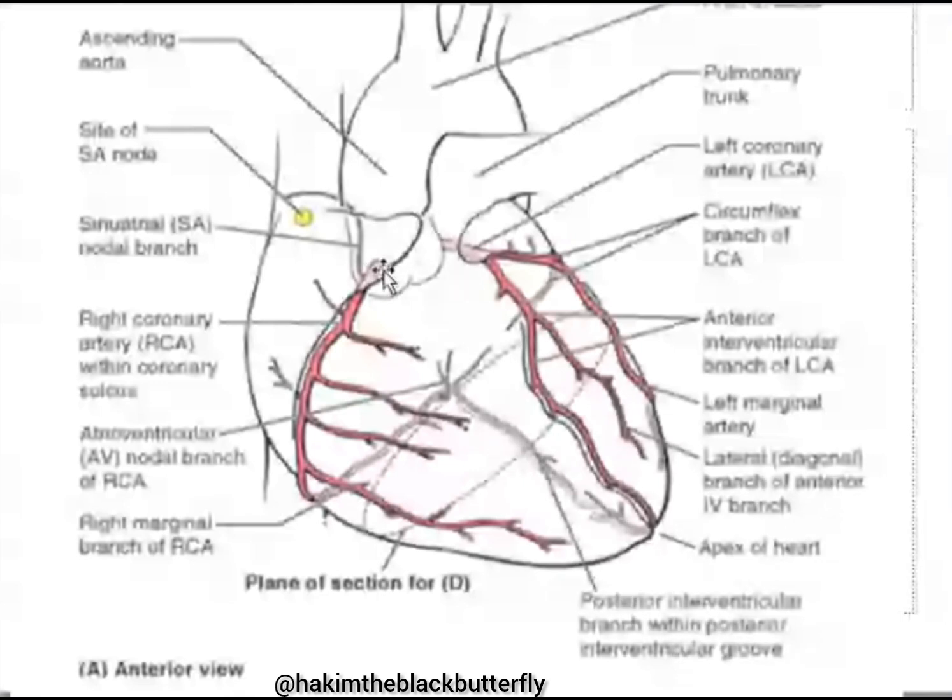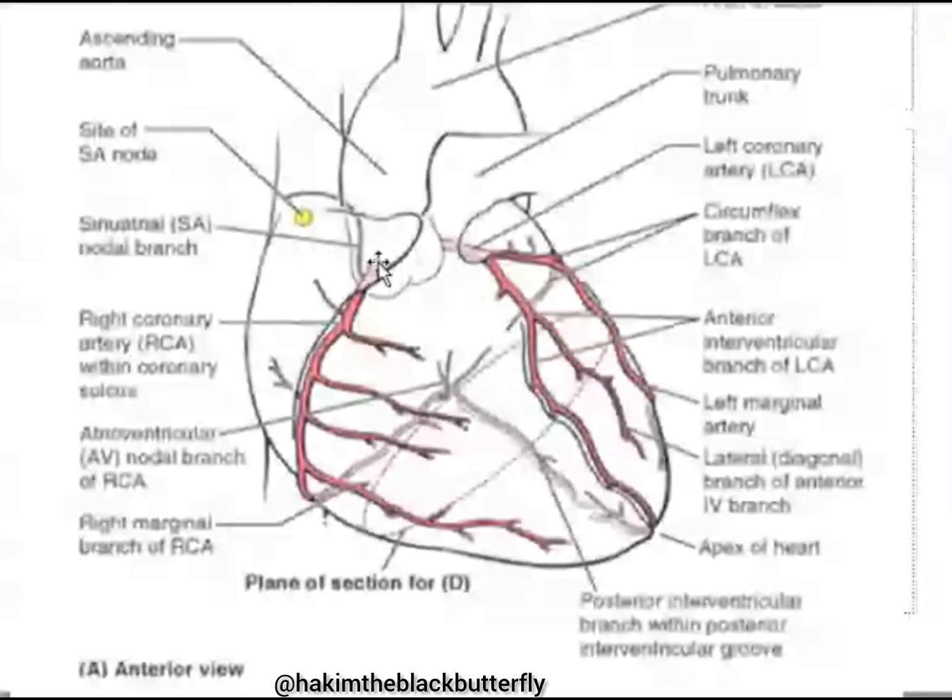But you can see there, we have scanned it to show you that the right coronary artery is originating from the aorta as one of its first branches. Then it will enter the atrioventricular groove, and that is one of the blood vessels we saw in the atrioventricular groove.